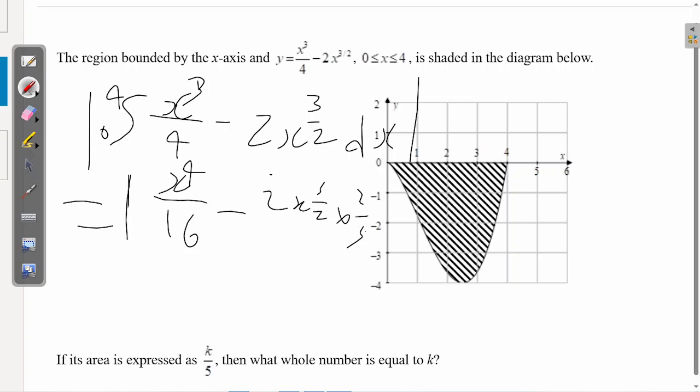So it will be 4 over 5 x to the power 5 over 2. Then you do from 0 to 4, absolute value.